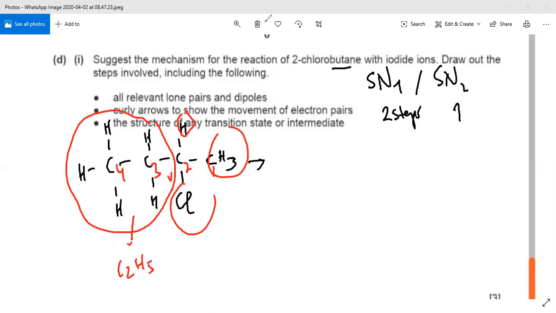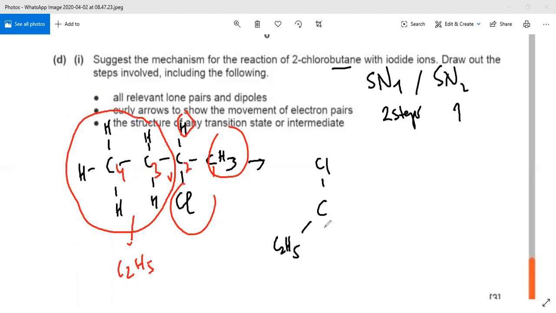I can basically draw the structure of 2-chlorobutane with Cl here, and then here, for example, I have a C2H5.